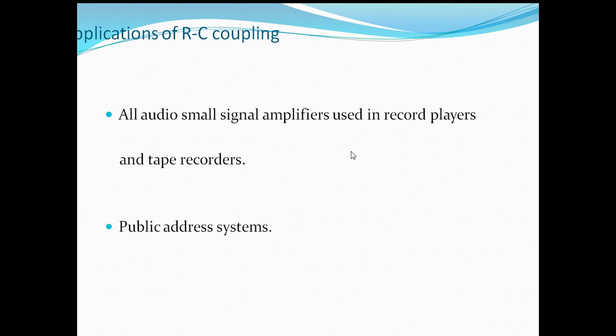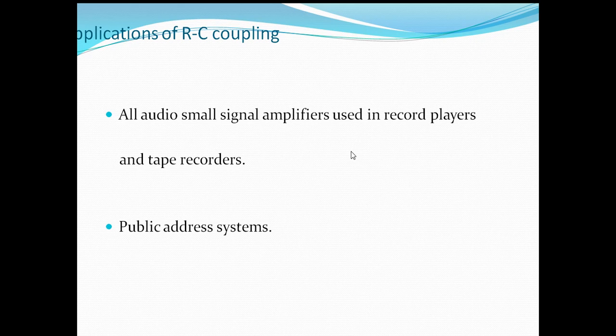Public addressing systems. As in the previous class we discussed the public addressing system, where a large gathering is there. So in between the microphone and loudspeaker there must be an amplifier. This is called a public addressing system.